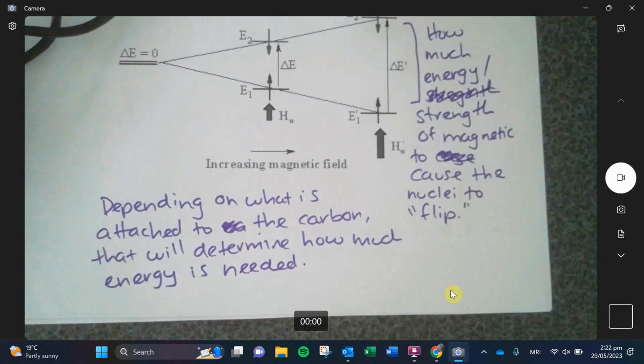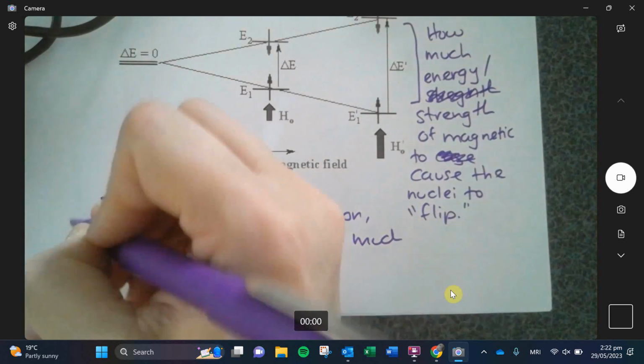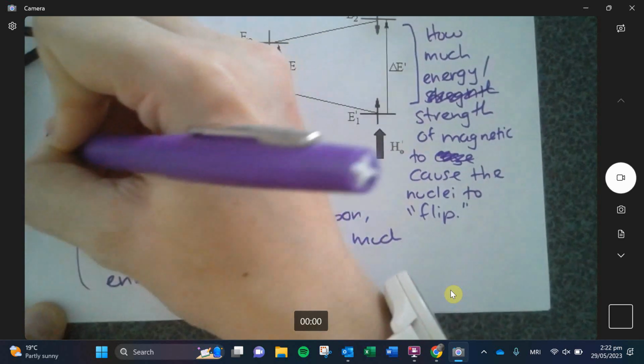And so that there is what's going to cause our carbon environments.